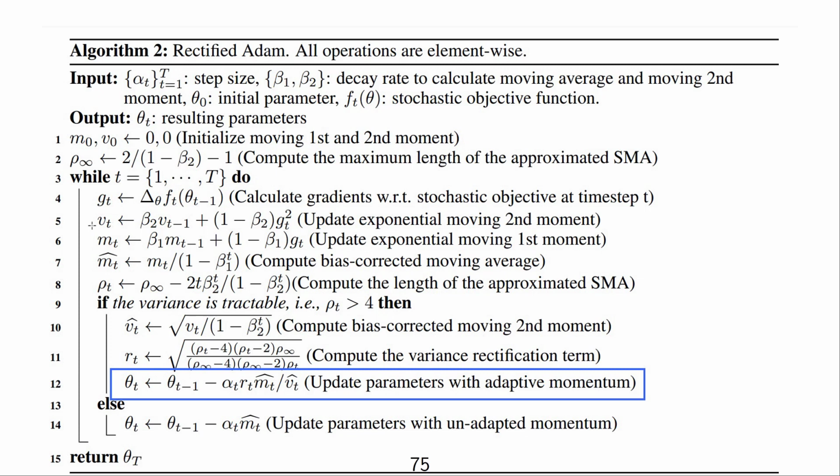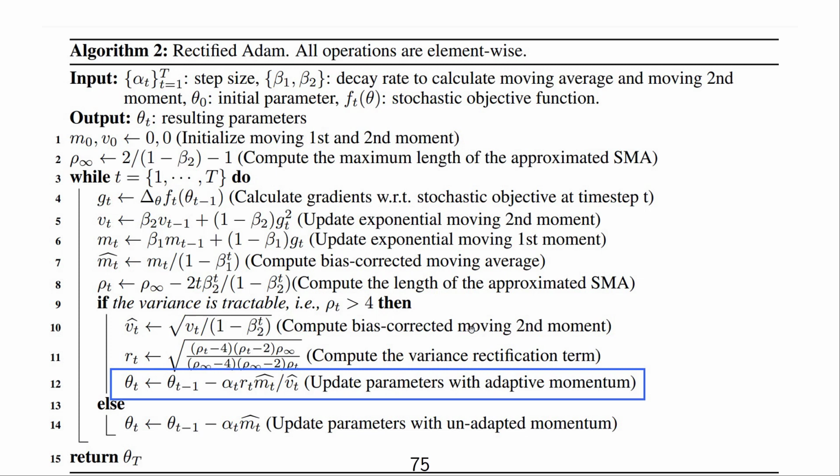In the paper, they present some sort of analysis where they're concerned with the variance in the beginning of training, and they make two distinctions. So if the variance is tractable, you kind of have to go to the paper for details and analysis, so we'll just say that after a while the variance would be tractable, and then they do something that is quite similar to ADAM.